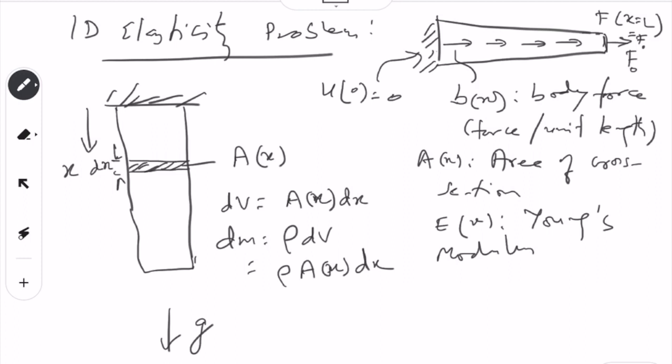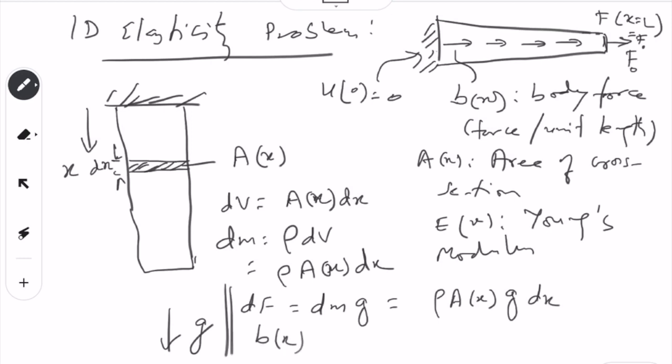So, that is dm and the force dF will be dm times g, which will be simply equal to rho A(x) g dx, and Bx which is the body force will be nothing but dF over dx, okay.